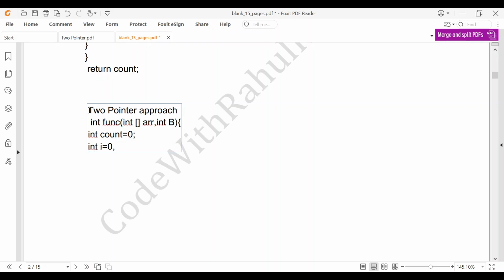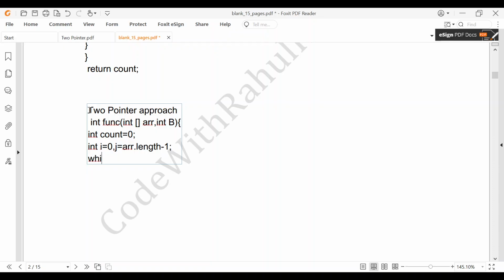The first pointer is the first index, and the second pointer is the last index, the last element.